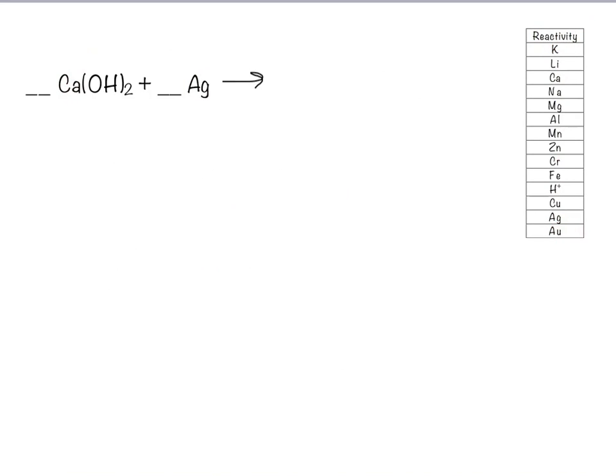In order for this reaction to take place, the metal that's going to be reacting with the compound must be more reactive than the metal found in that compound in order for it to replace it. So in this example, I have silver attempting to react with calcium hydroxide. But because silver is lower on the list than calcium, this one is no reaction. RXN is just an abbreviation for reaction.